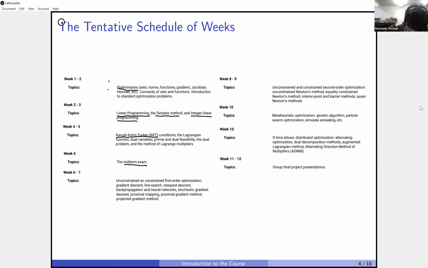We'll discuss that. And again, unconstrained and constrained first order methods, unconstrained and constrained second order methods, meta-heuristic optimization, distributed optimization, and if time allows, more things such as L1 norm optimization, subgradients, non-smooth optimization, and all of these things.